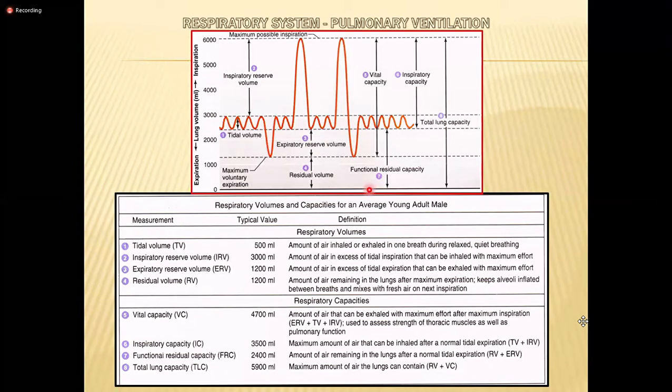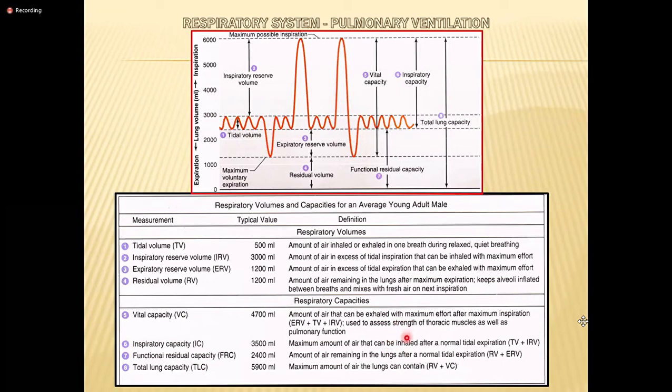Your inspiratory capacity is the maximum amount of air that can be inhaled after a normal tidal volume. So it is equivalent to your tidal volume plus inspiratory reserve volume. Your functional residual capacity is 2,400 ml or 2.4 liters.